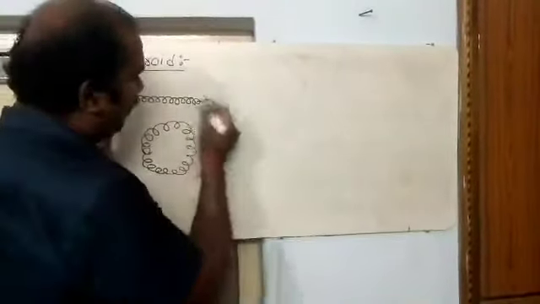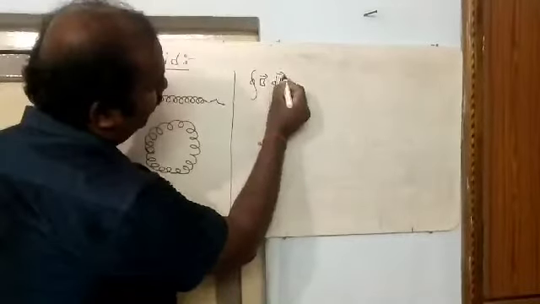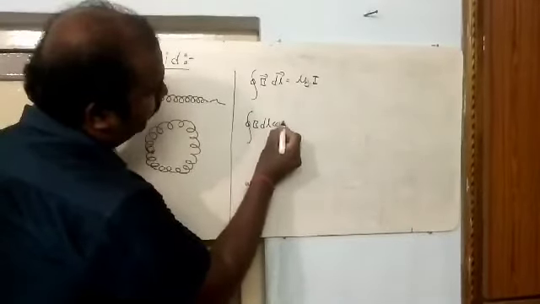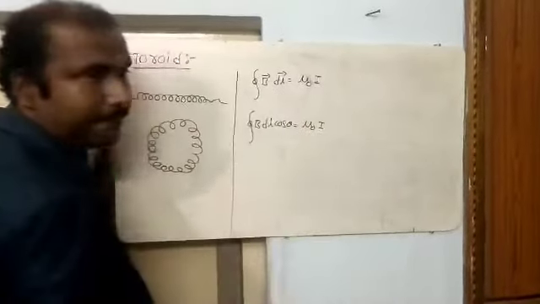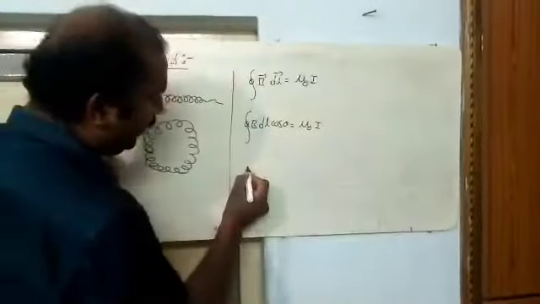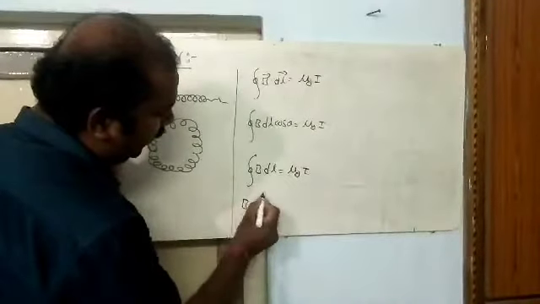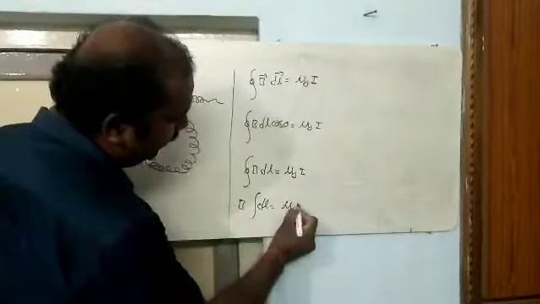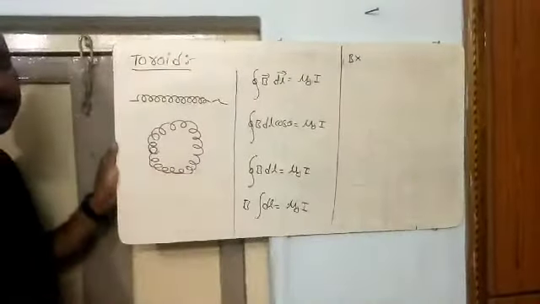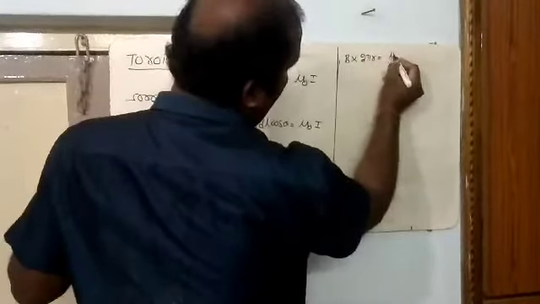Now here also I am applying Ampere's circuital law: integral B dot dl equals mu naught times I. Integral B dl cos theta equals mu naught I, where theta is 0. B is constant, so we get B integral dl equals mu naught I. The total length is nothing but the circumference, 2 pi r.